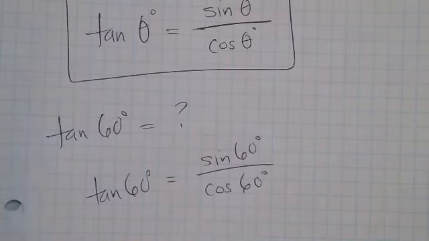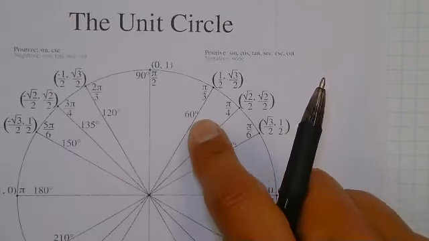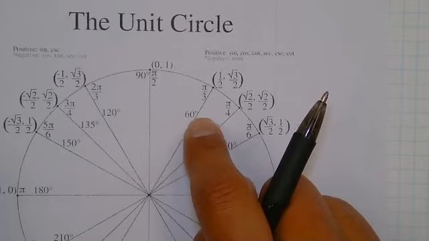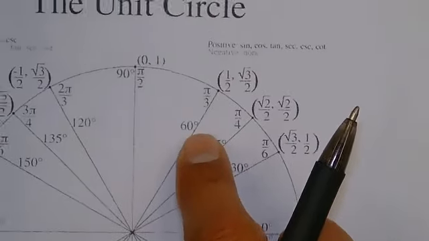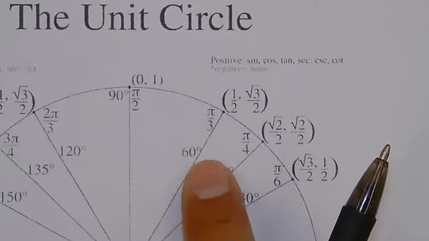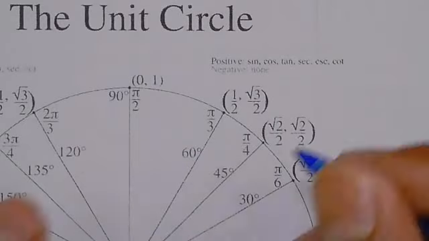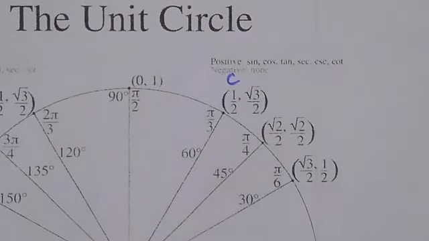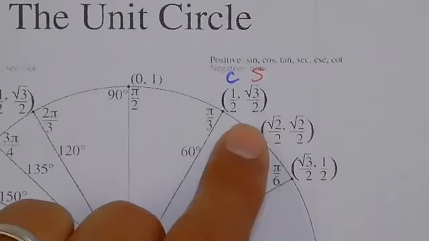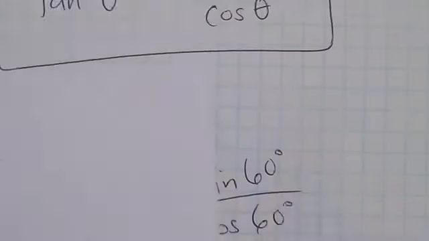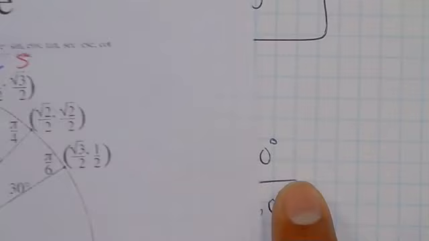Yeah, it's sine divided by cosine. So let's see. Go to your unit circle. Everybody here on 60 degrees. Which one's sine and which one's cosine? Remember, cosine is the first one. Yeah. So how are you going to set this up?